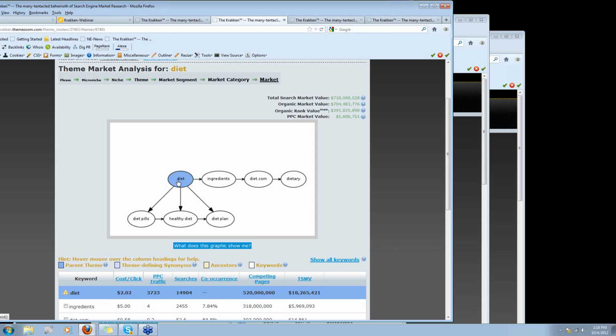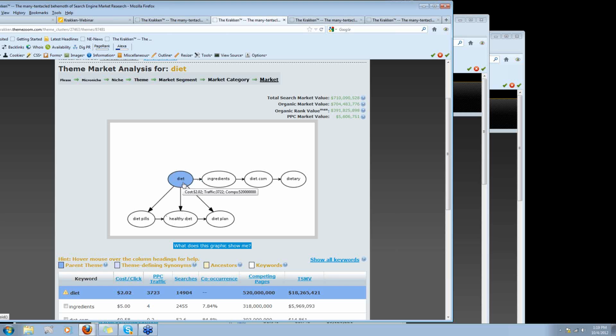So obviously in this one where we're looking at diet, it's the top of the vertical, so you don't have any of these. I like to think of it in terms of families, where the top level of bubbles are your ancestors, then the next level are the parents, this level I call the siblings, and this level is children, right? So diet doesn't have any ancestors. It's the top of the vertical already.